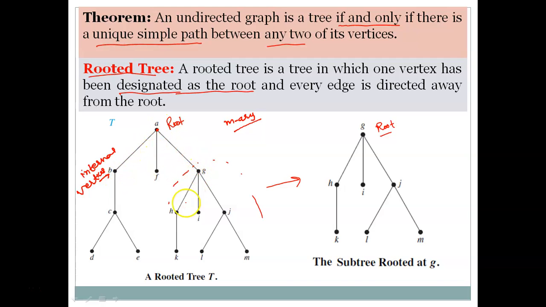Similarly, here G has 1, 2, 3 children. It means in this tree, any internal vertex does not have more than 3 children. So that is why this is a 3-ary tree.